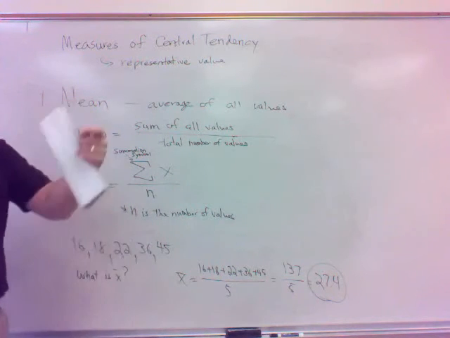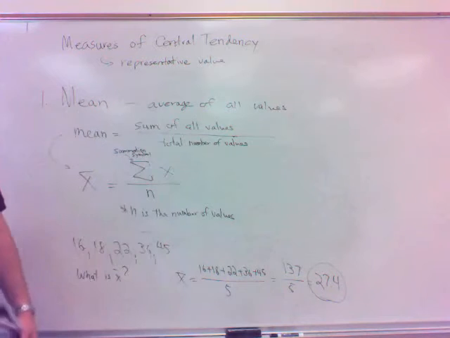If I put a coin on each one of those on this stick, where do you think the balancing point would be? It would be at the mean. The mean is a balancing point of all these values if you were to construct a little experiment like that. So that's just another little side note. I may use that more in just a second. But anyway, all right, so that's the mean.